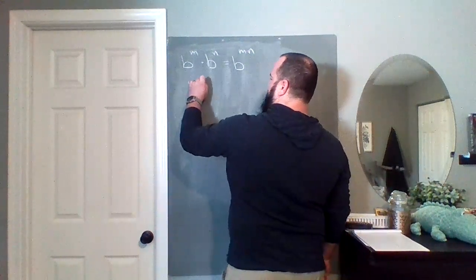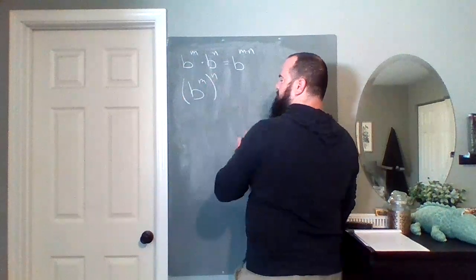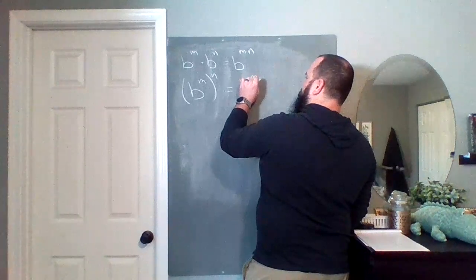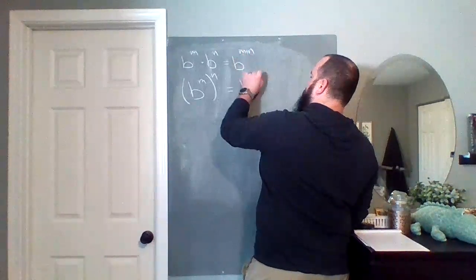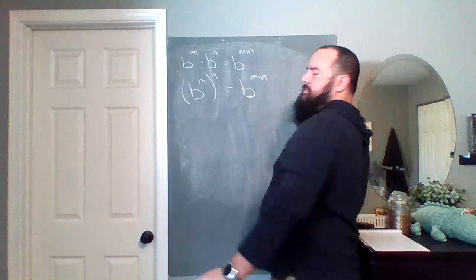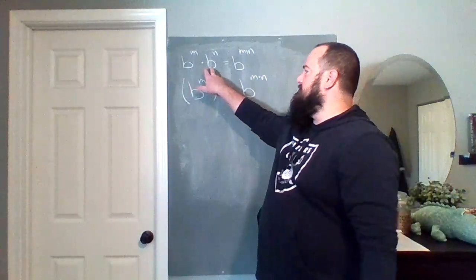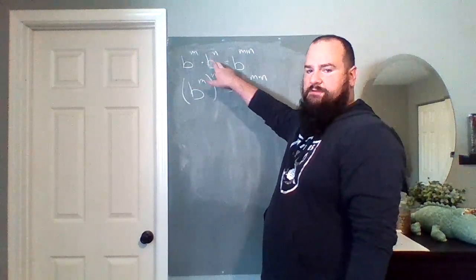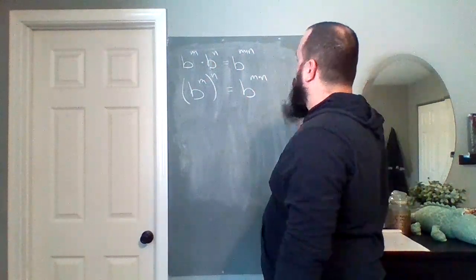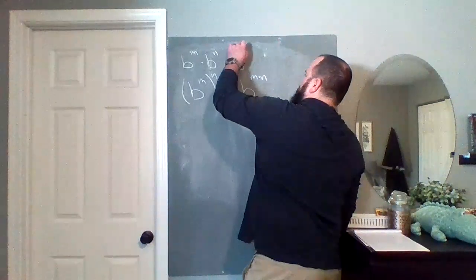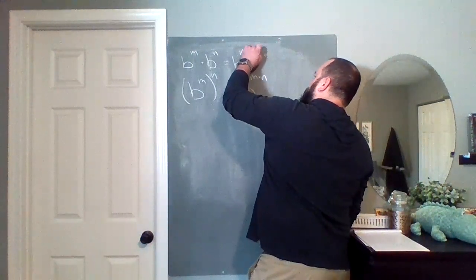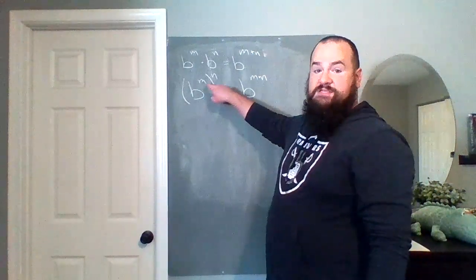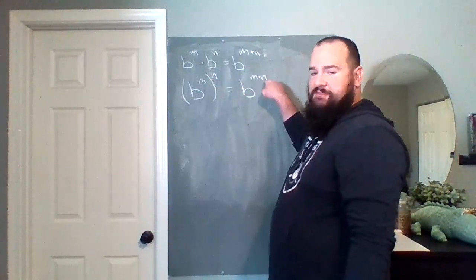If I have b to the m all to the n, that is b to the m times n. So if I have the same base raised to a power times that same base raised to another power, we add those exponents. But if we have a base raised to a power raised to another power, we multiply those exponents.